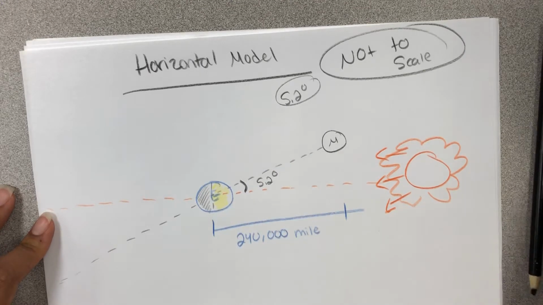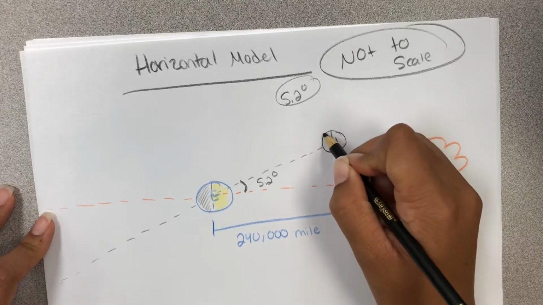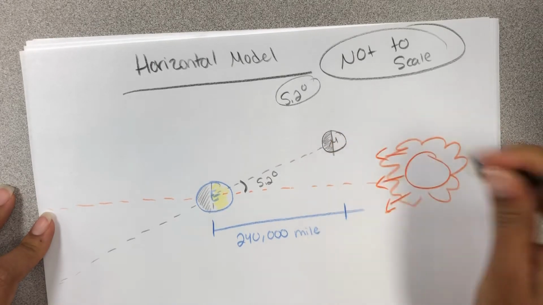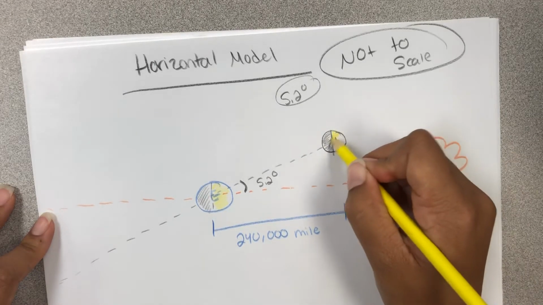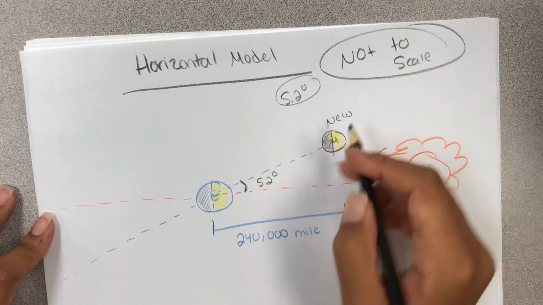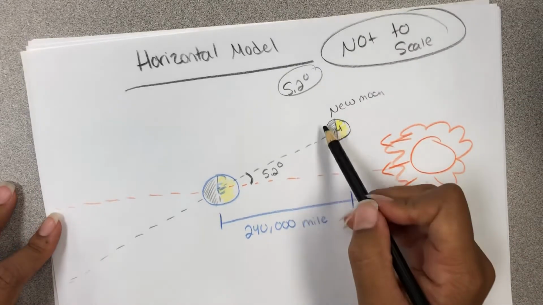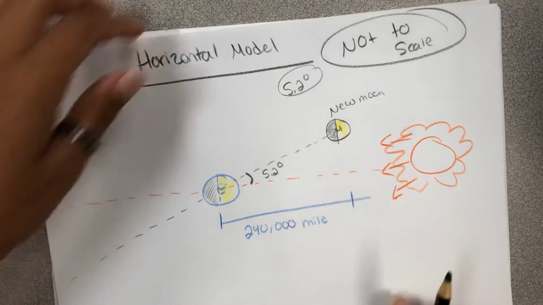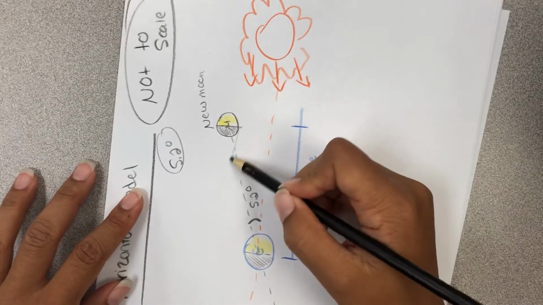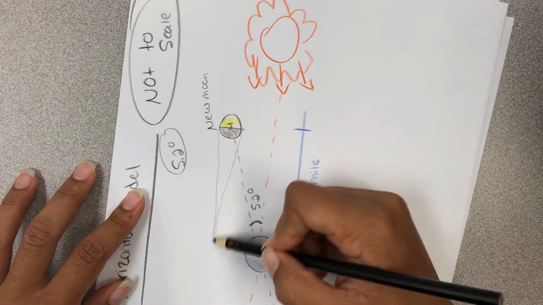But it would have enough effect that in this position from here, this half is dark, this half is light. So here is our new moon, which means that the shadow is going to extend something like that.